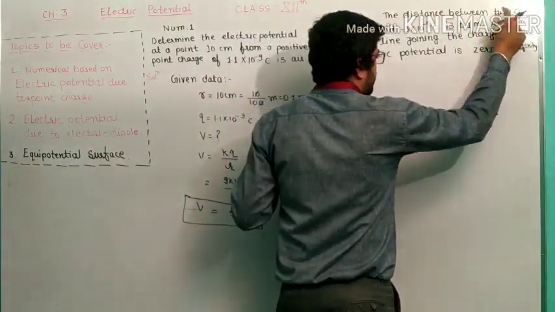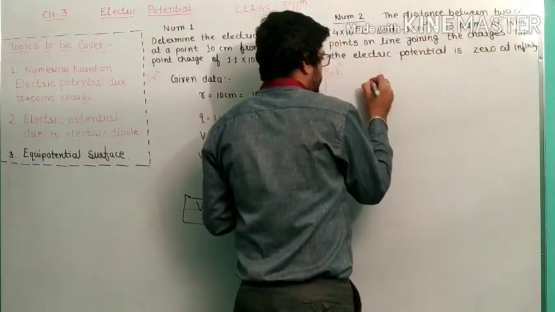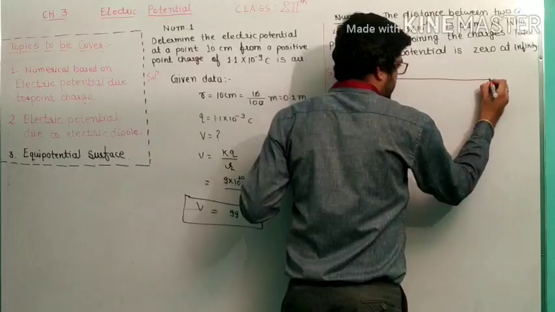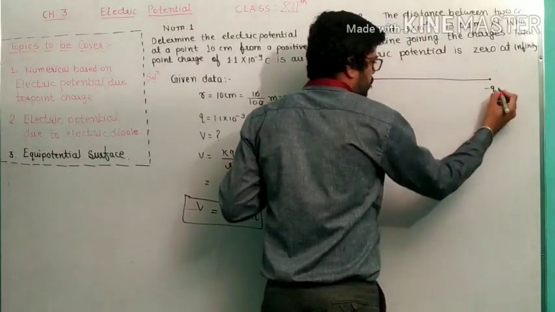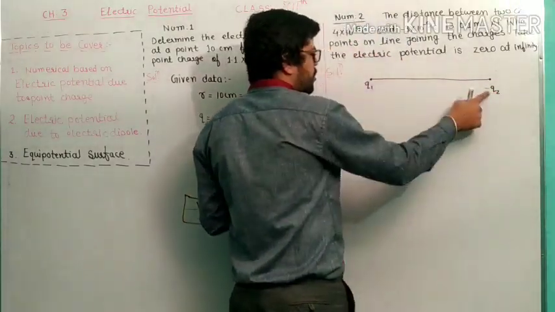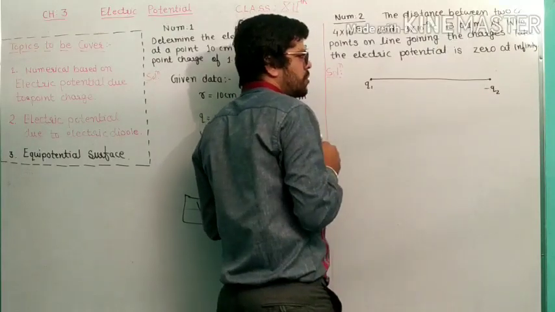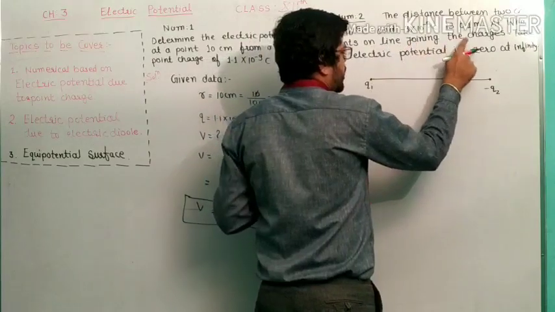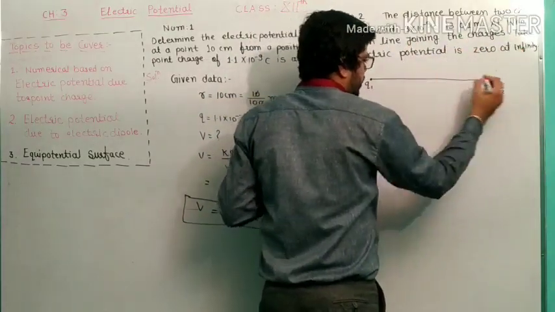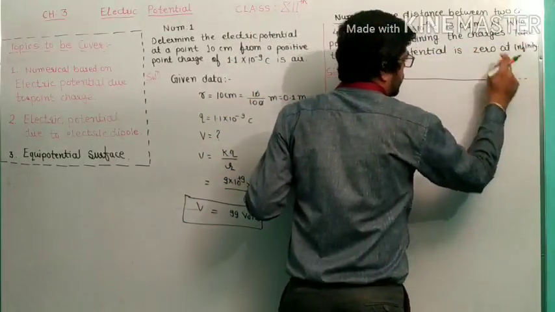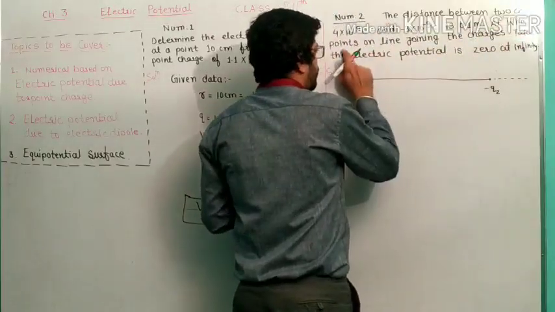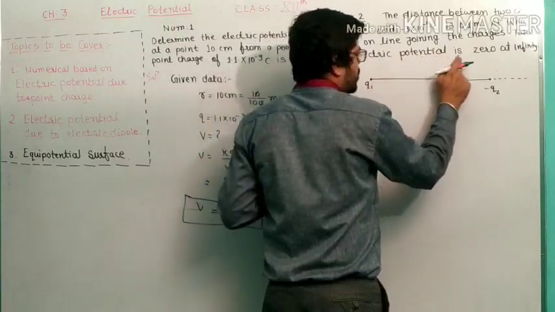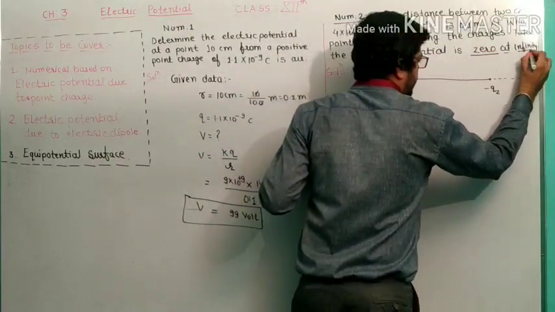So from this statement we understand there are two charges, Q1 and Q2, and Q2 is negative, so I am writing minus Q2. At what point on the line joining the charges is the electric potential 0, taking the potential to be 0 at infinity?